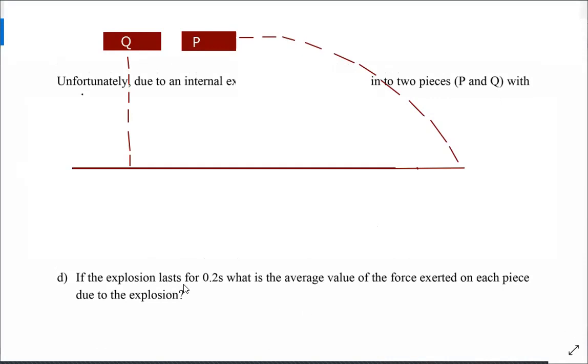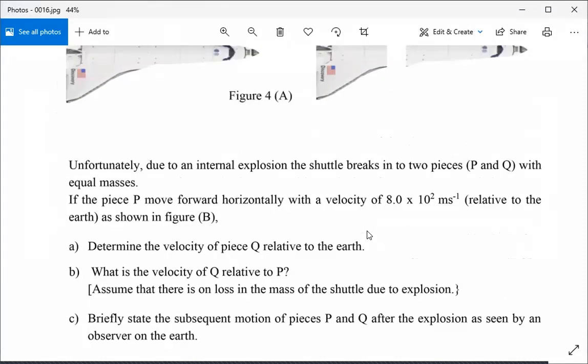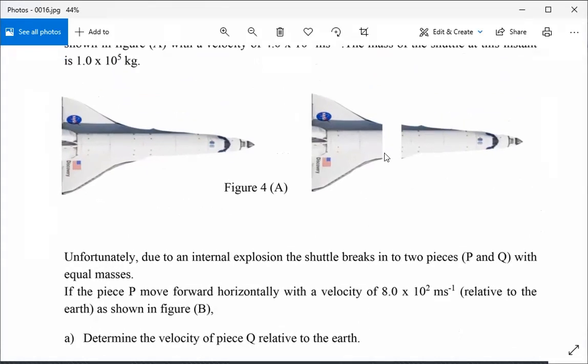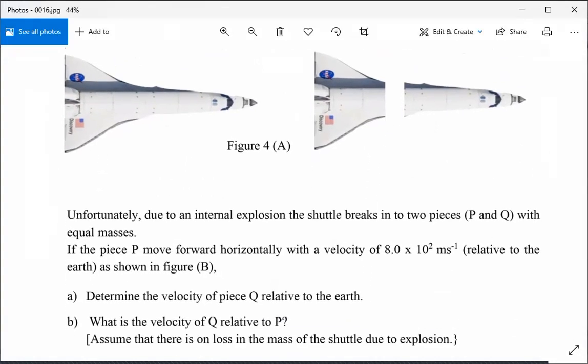If the explosion lasts for 0.2 seconds, what is the average value of the force exerted on each piece due to the explosion? Very simple, dear. Listen. So if we go back to the original figure again, right?